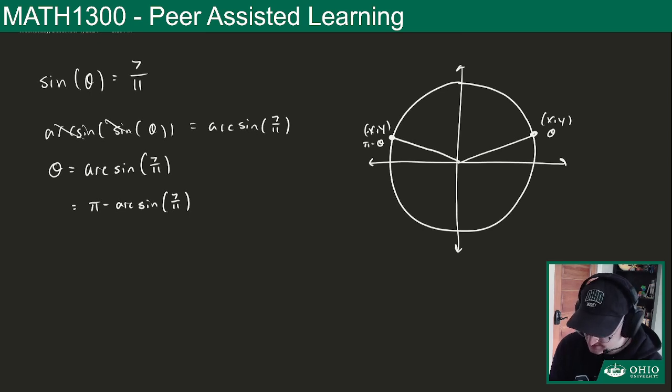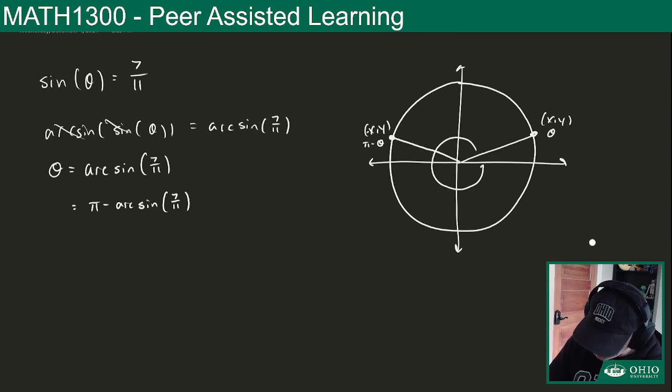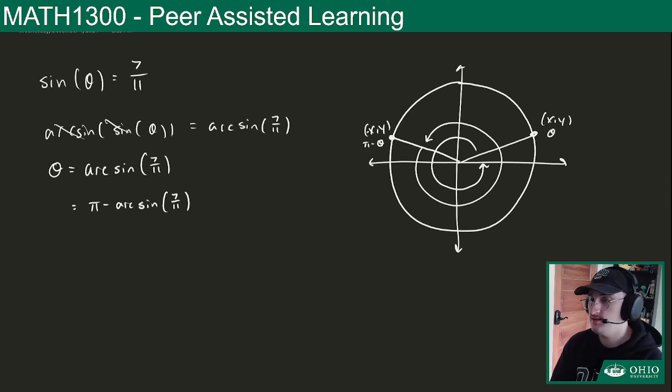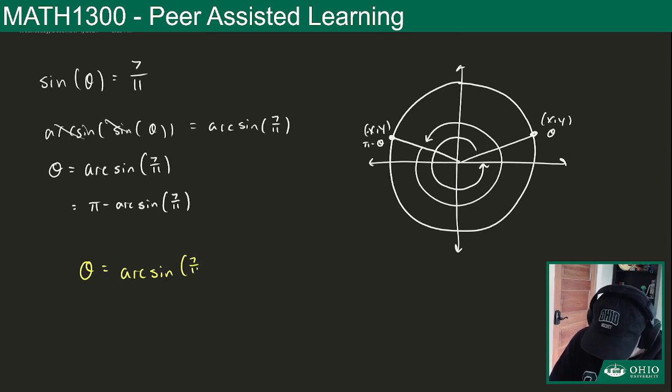Now, the second thing we need to keep in mind is that all angles coterminal to both of these are also valid solutions. We've looked at this notation before, but I have to say two things. So I have theta equals arcsine of 7 over 11 plus 2 pi times k.